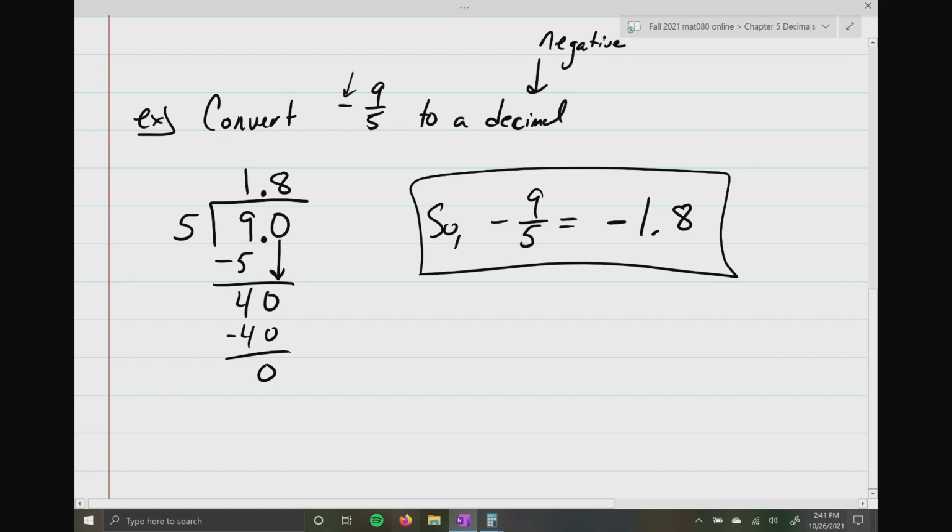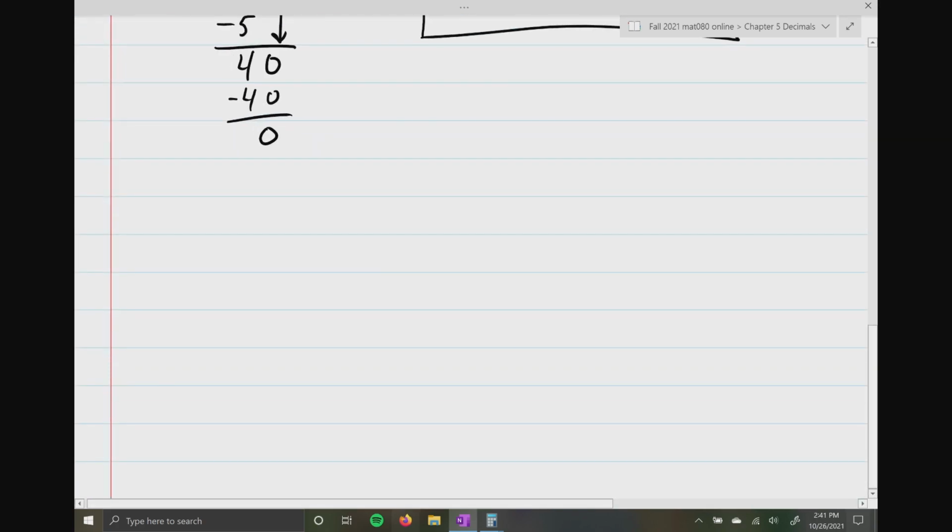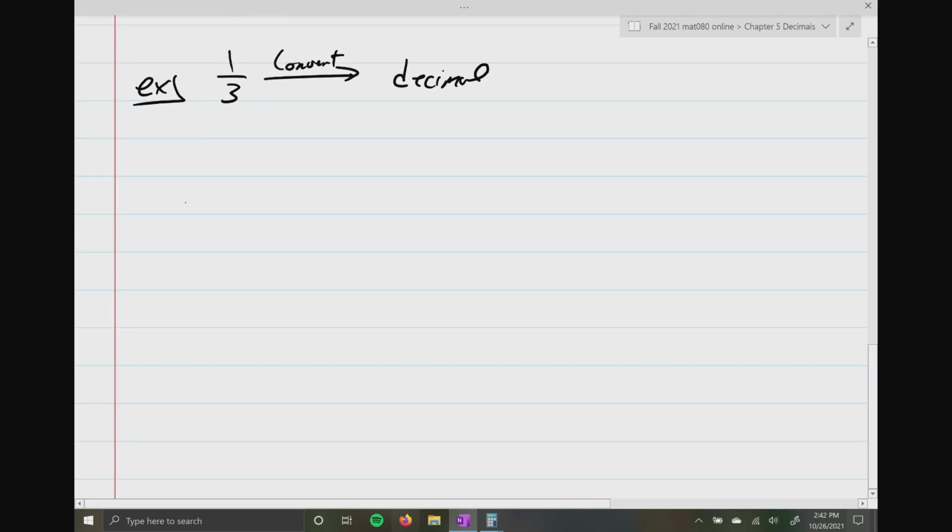However, we may run into this situation here, okay? If we run into this situation, like 1/3, and we want to convert it into a decimal, we still set up the same exact process. 3 does not go into 1.